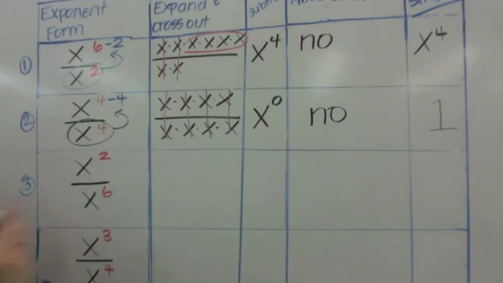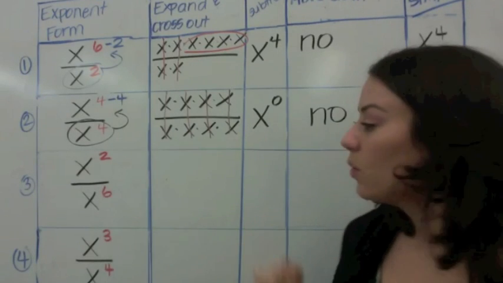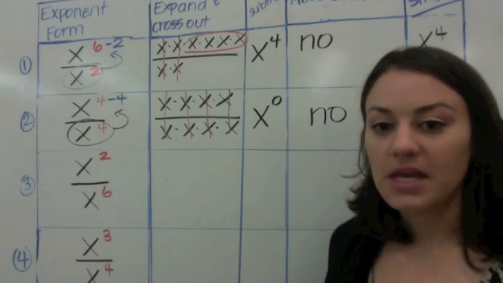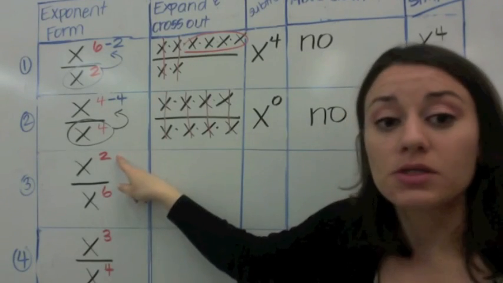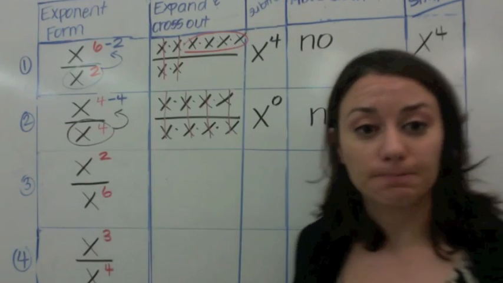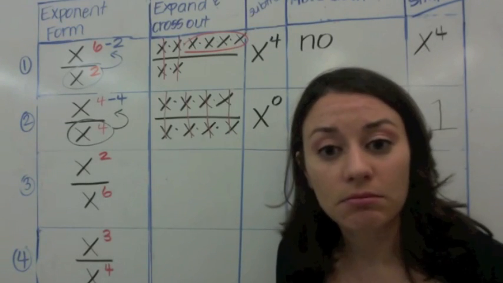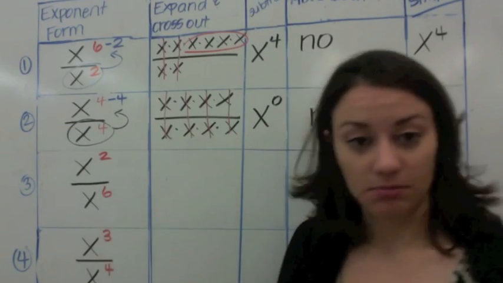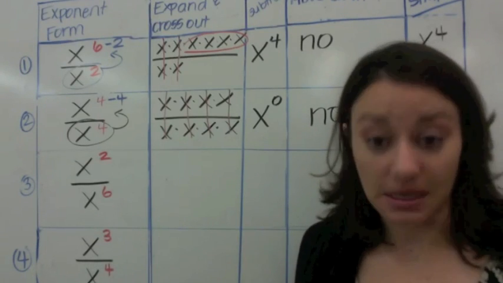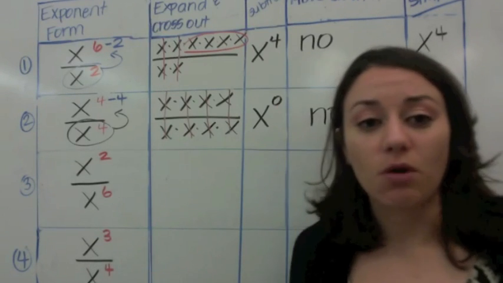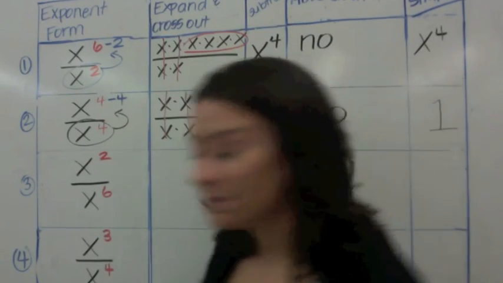In the next two examples, what do you notice about the exponents? Is the exponent at the top smaller than the one at the bottom? Is 2 smaller than 6? Yes. Is 3 smaller than 4? Yes.